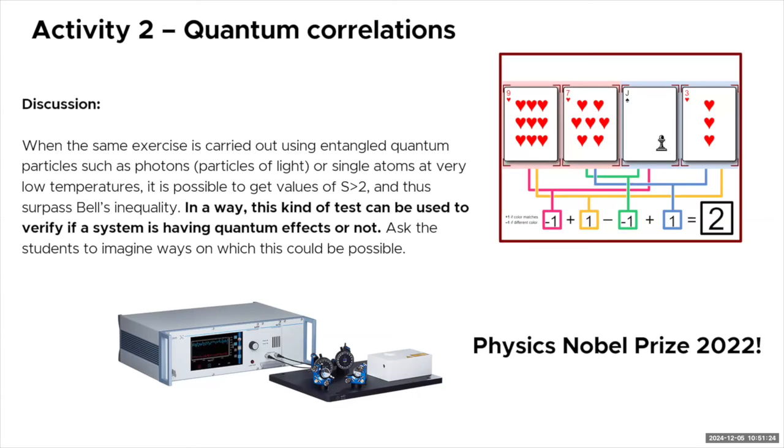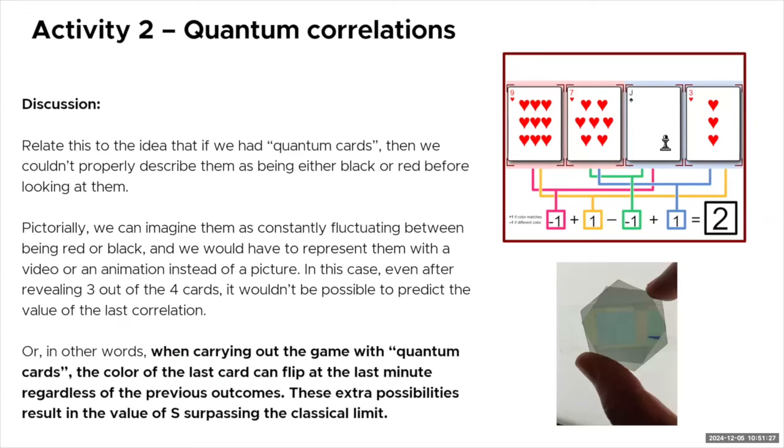What is different? The main discussion to have with the students is that when you're just playing with the cards, even when they are facing down, they are definitely either black or red, right? So once you draw 3 out of 4, then you already know the outcome of the last correlation.